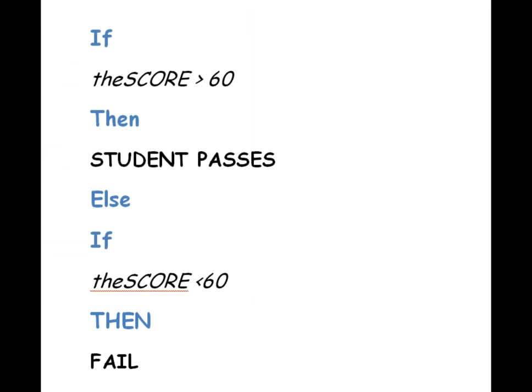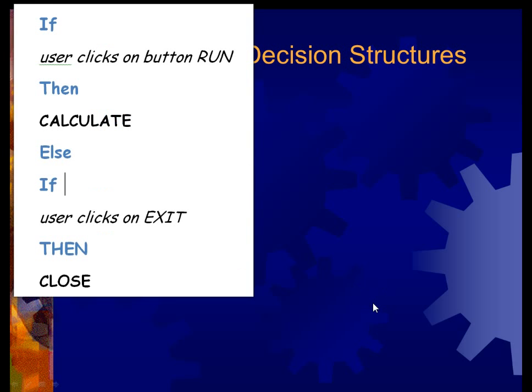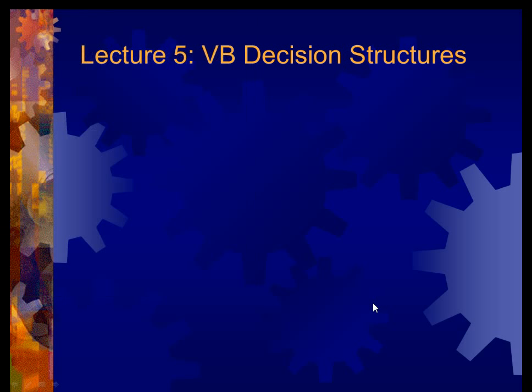So here we have, if the score is greater than 60, then the student passes. And then we can say, otherwise, if the score is less than 60, maybe the student fails. We run into this kind of structure all the time. If the number is greater than, then do this, else do that.